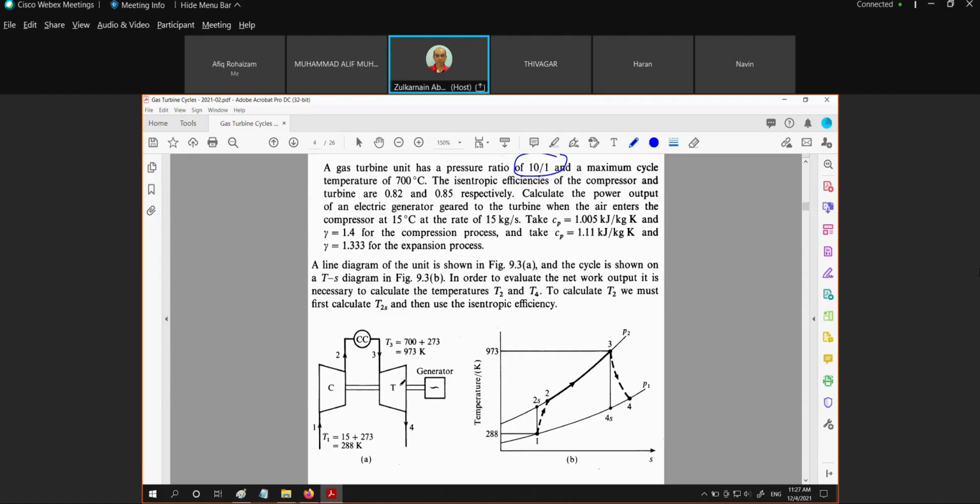The only device that is going to produce positive work is the turbine. Therefore, this turbine will be used to run the compressor and also the electrical generator. So we have to connect the shaft between these three devices. And the combustion chamber is the only place, as I mentioned just now, where we can increase the temperature of our thermodynamic system.